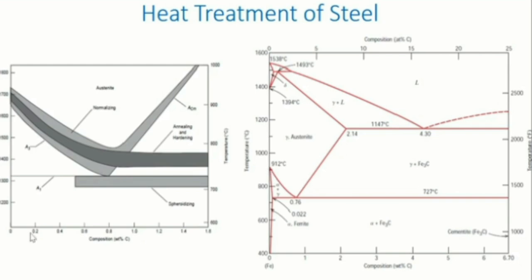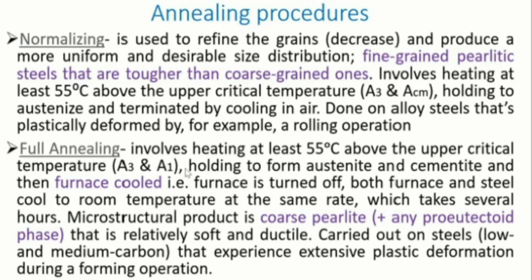So if your alloy is 0.2% carbon, then you have to heat till it reaches here, then above it 55 degrees, and you furnace cool. If your alloy is 1.0 or 1.2, you heat till it reaches the A1, and then you add 55 degrees above it. This is the A1. So this is it, A3 and A1. In this case, A3 and ACM.